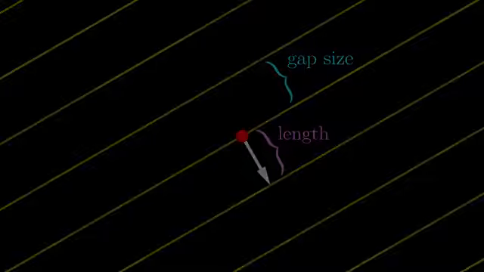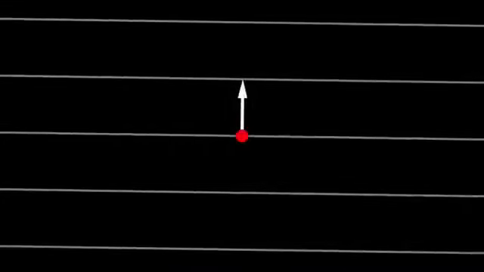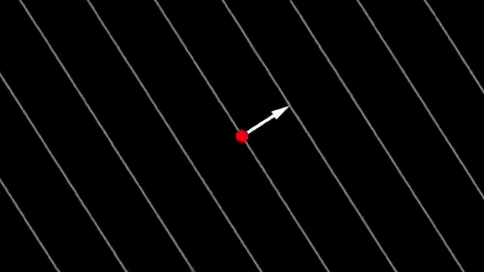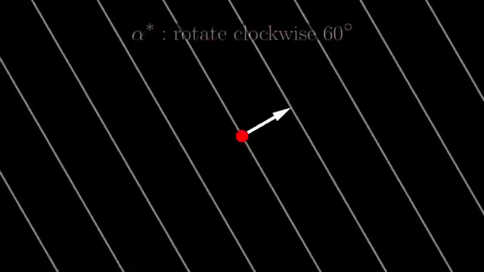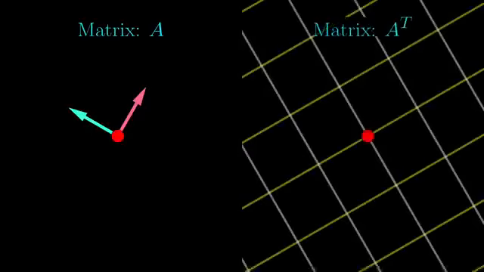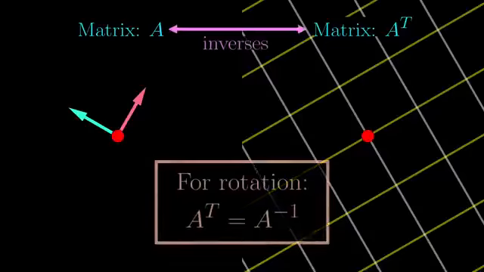So in this case, the transpose doesn't just look like inverse, it is the inverse when acting on the corresponding vector. That means if I write down the matrix corresponding to anti-clockwise 60-degree rotation and the corresponding transpose, in this case, are inverses of each other. In other words, for rotation, A transpose equals A inverse.